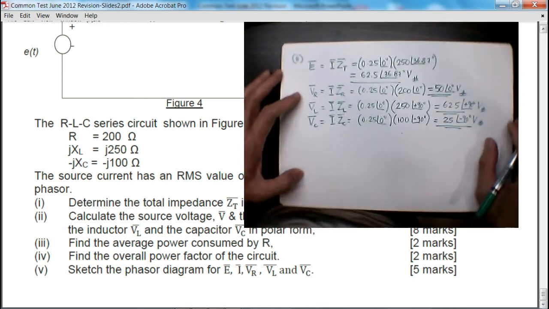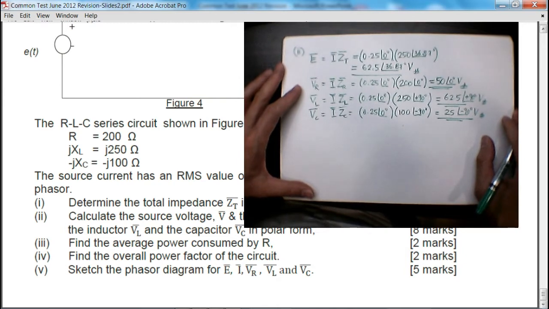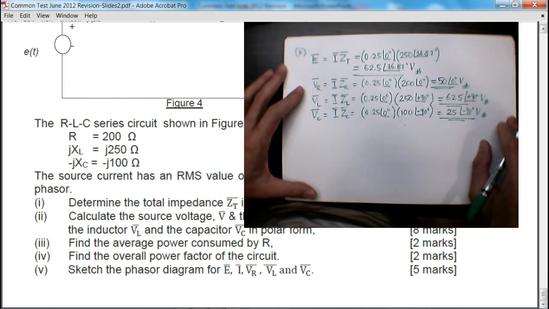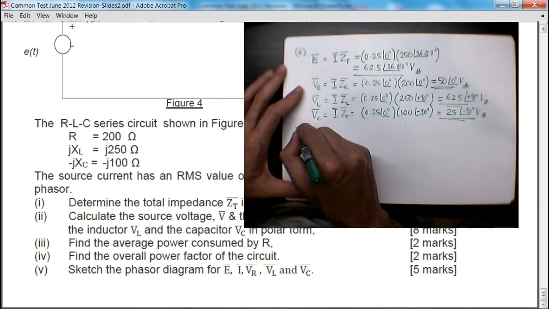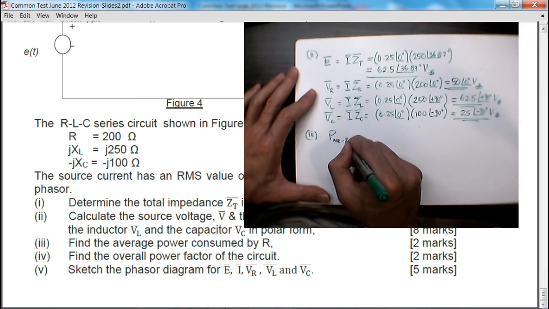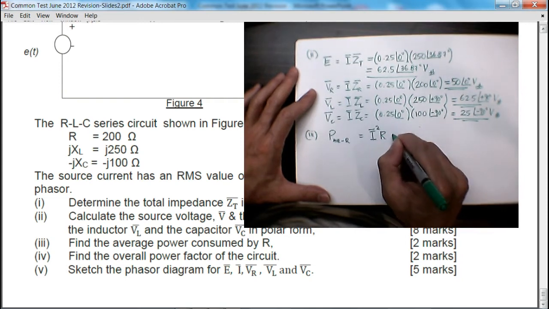Okay, so those are the voltages across the various elements, the voltage drops. Next, we want to calculate average power consumed by the resistor. So average power by the resistor can be calculated as I squared times the R value.